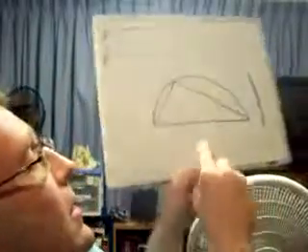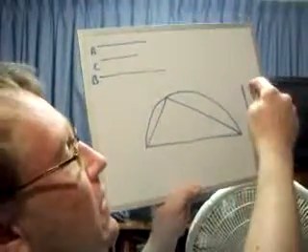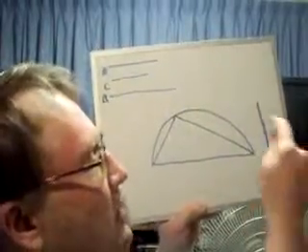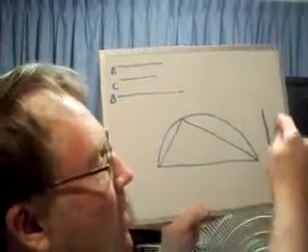Given two unequal straight lines, we have two lines, this is one line, this is the other. Given two unequal straight lines, this one is obviously going to be longer than this one.